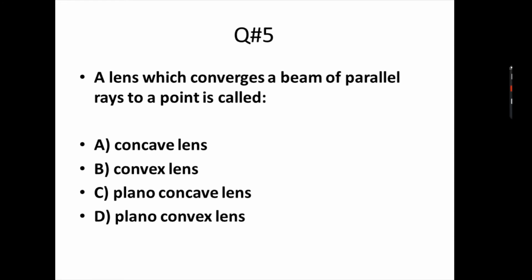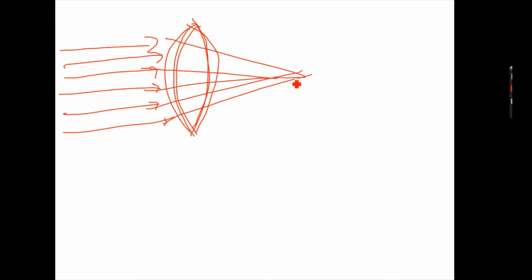A lens which converges a beam of parallel rays to a point is called concave lens, convex lens, plano-concave lens, plano-convex lens. Look here. Let's suppose this is a convex lens, and light waves are coming from that direction. In a convex lens, all the rays after passing through the lens converge to a single point.